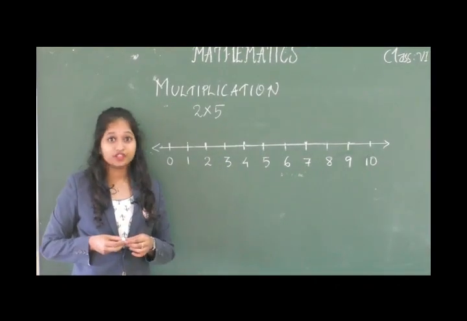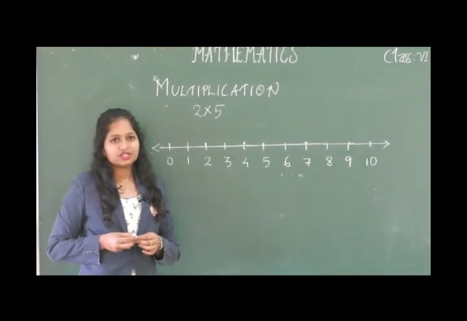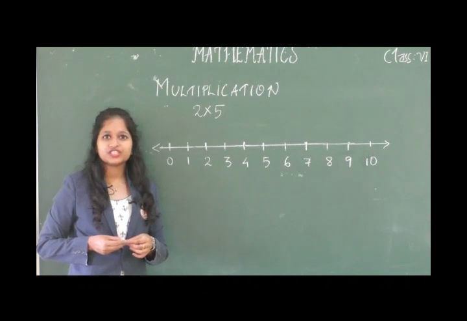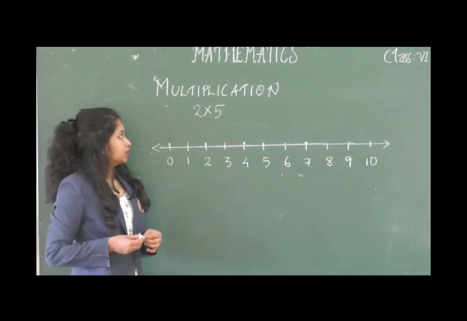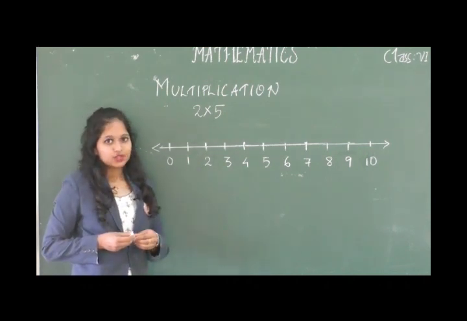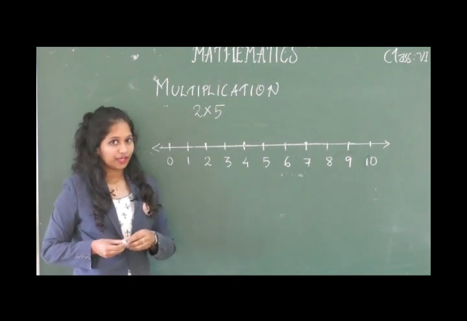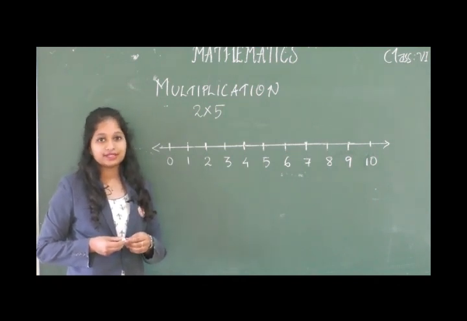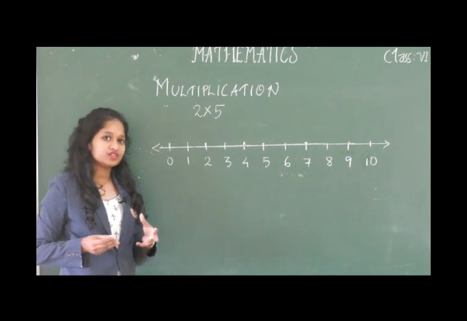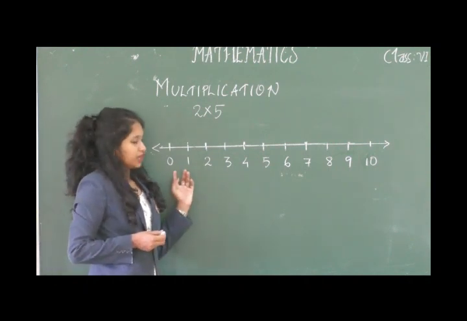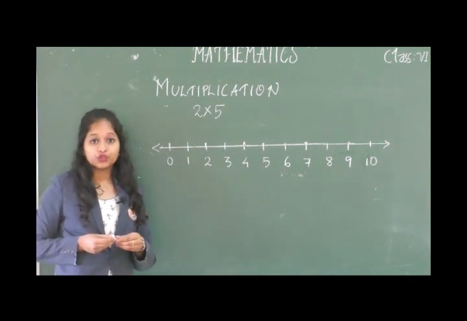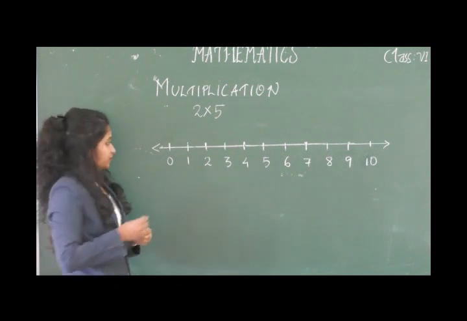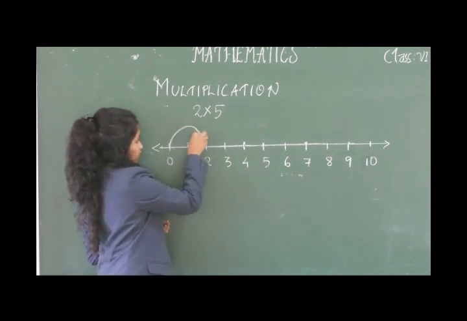So children, we know that multiplication is nothing but repeated addition. Here we have a question, 2 times 5. 2 times 5 is 10. How to represent it? We have to jump 2 units 5 times. That is like this.